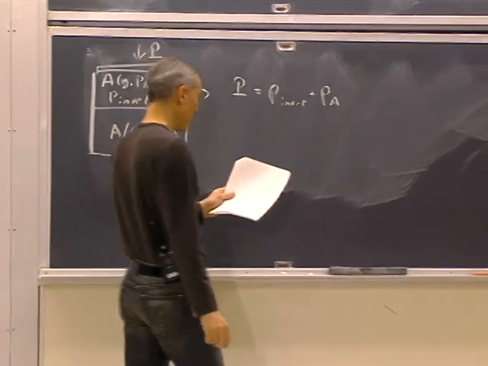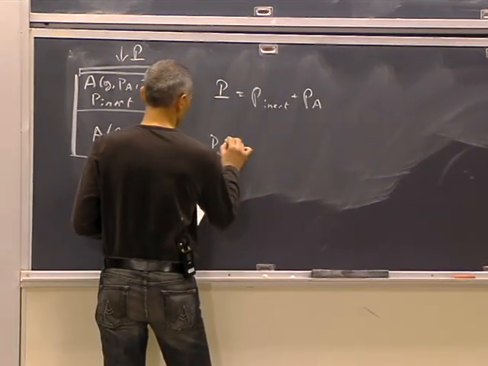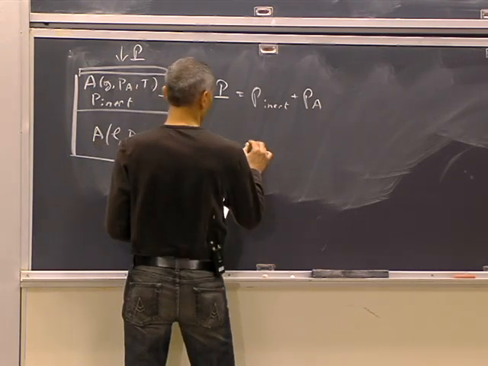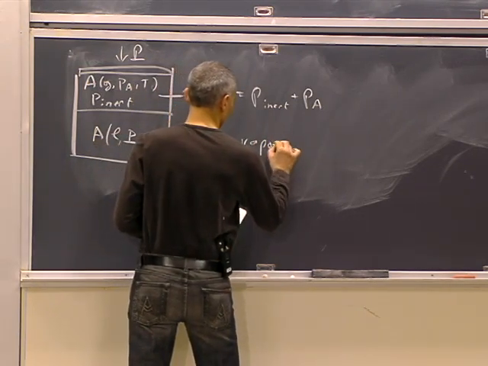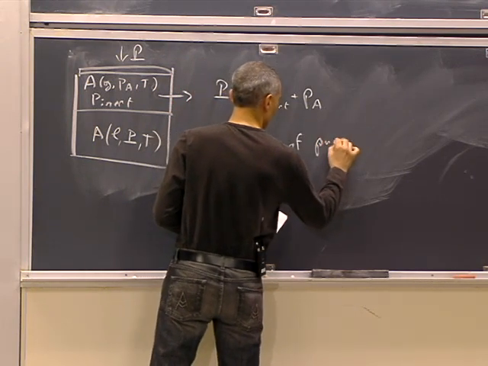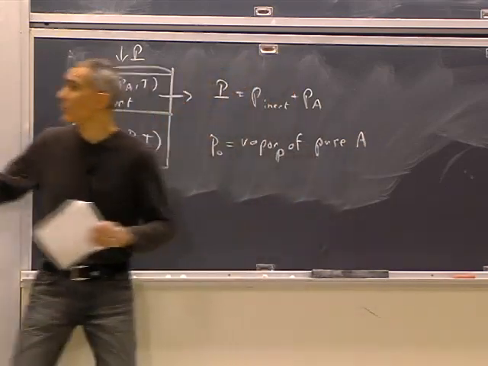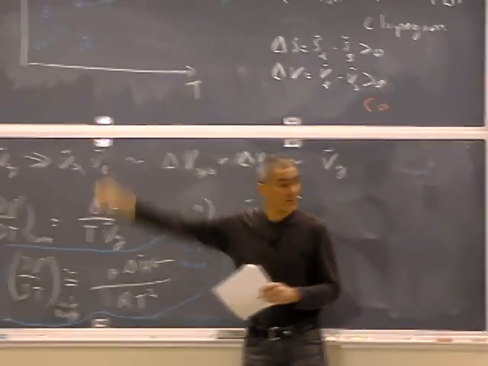And the question, let me make a few more definitions. We're going to define P naught as the vapor pressure of pure A. So that's what you would read off the diagram here.